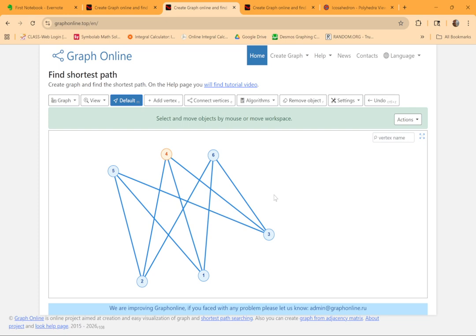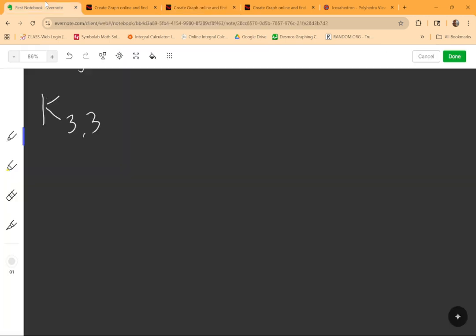Now, if we again try to prove that it's not planar, we see V is 6. Edges are again 9. We can count those up. Each one of them has 3 coming out of it. So that gives me 9.